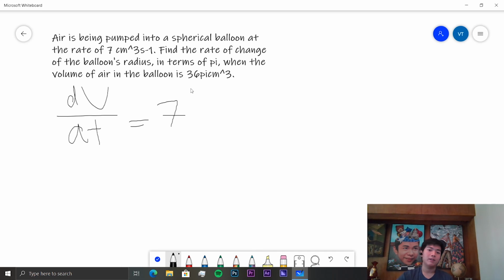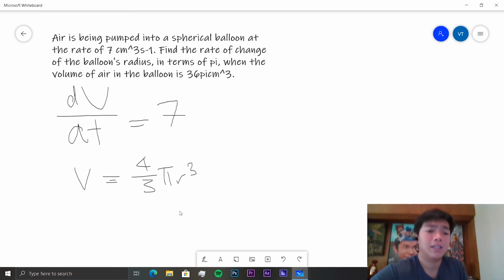And we need to find the rate of change in the balloon's radius. We know that the volume of a balloon, if it's perfectly spherical, is equal to 4/3 pi r cubed. So we can simply relate this directly.